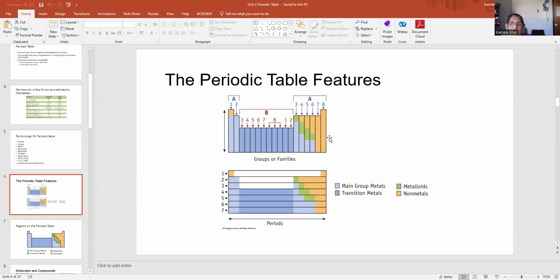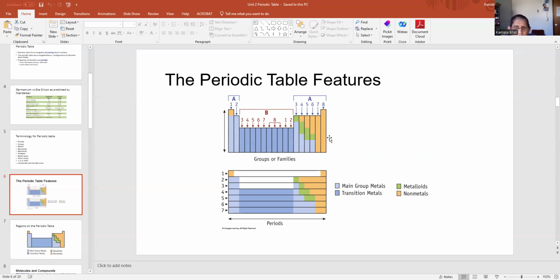Whereas the middle block in between is called the B block elements. Furthermore, the classification can be further divided by going across the horizontal rows, and the horizontal rows are called periods.